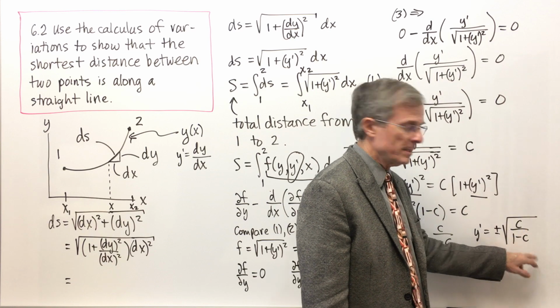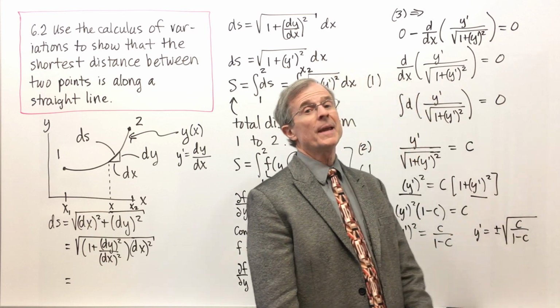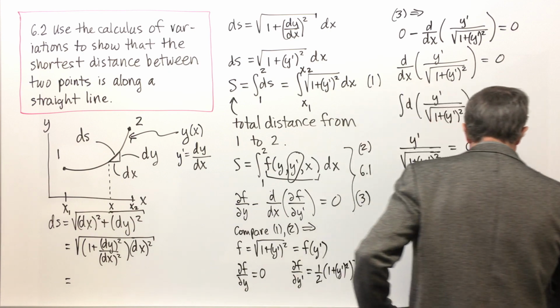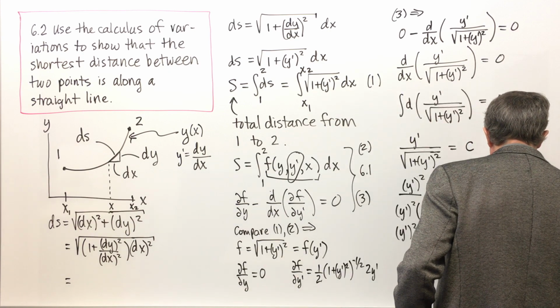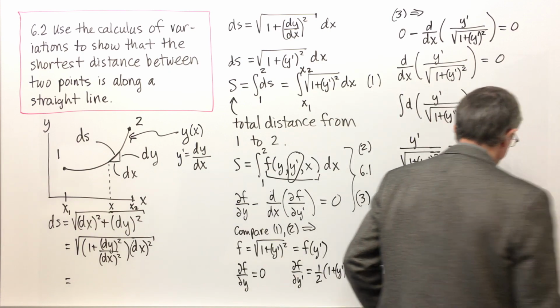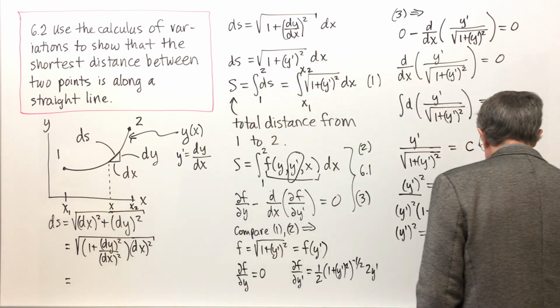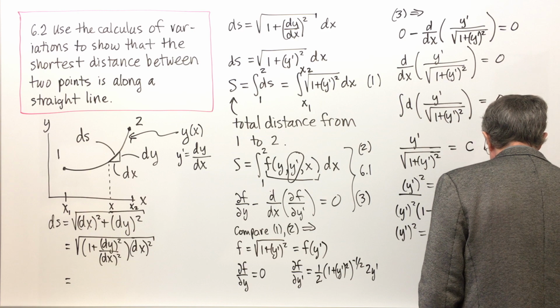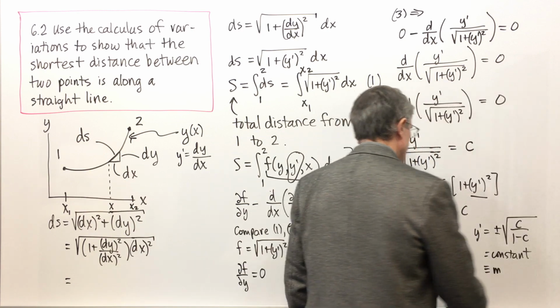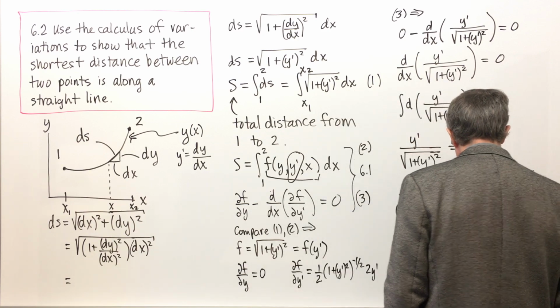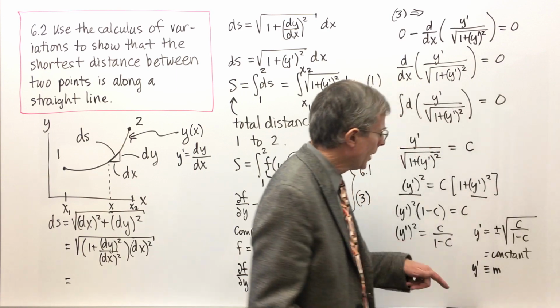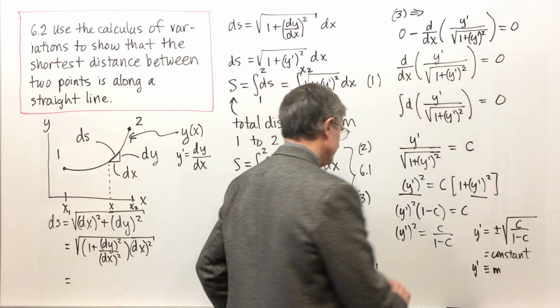So 1 minus c is a constant, and c over 1 minus c is a constant. Let's call it m. That means that dy dx equals m.